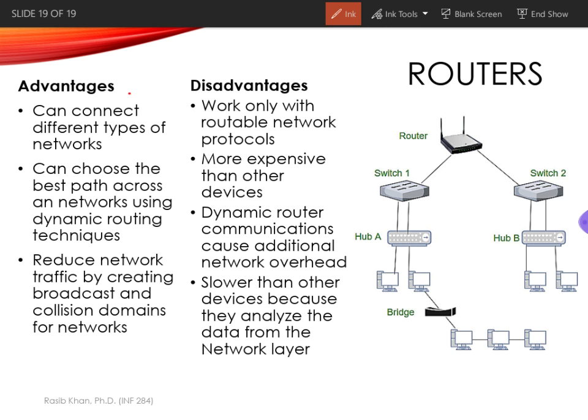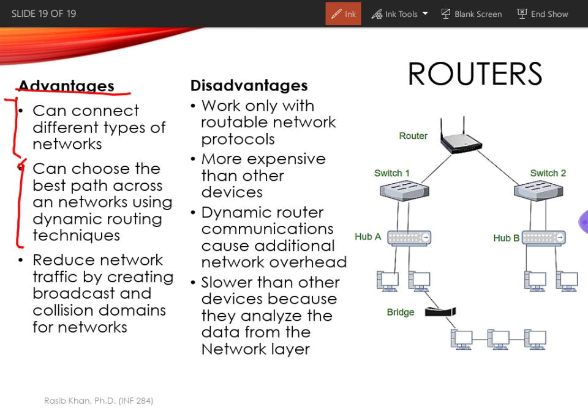So the advantages of routers would be it can connect different types of networks, which is one of the main features that we have for routers and a very strong requirement. Additionally, based on the protocol that the router is running, it can choose the best path across multiple networks.